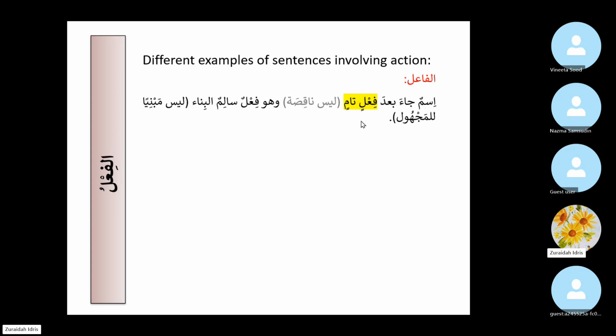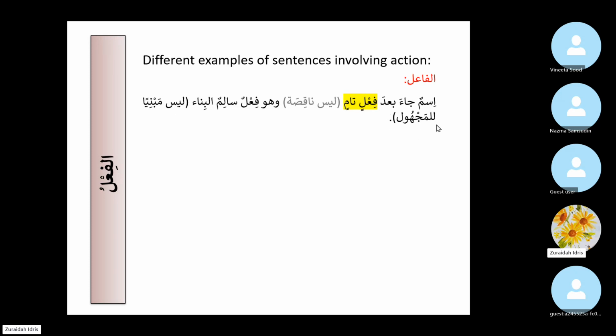Tam means complete, it is not nakisa. Nakisa means incomplete. It's a fi'il that is sound in its form, meaning in the huwa form, the past tense huwa, when we talk about salim. So it's not something that has been made majhul.